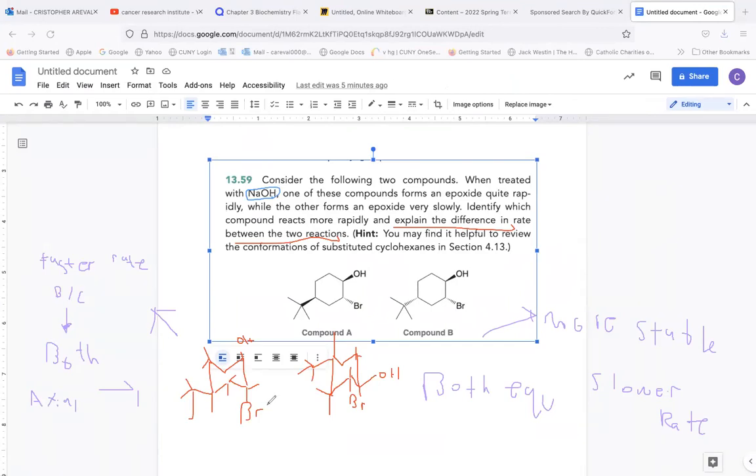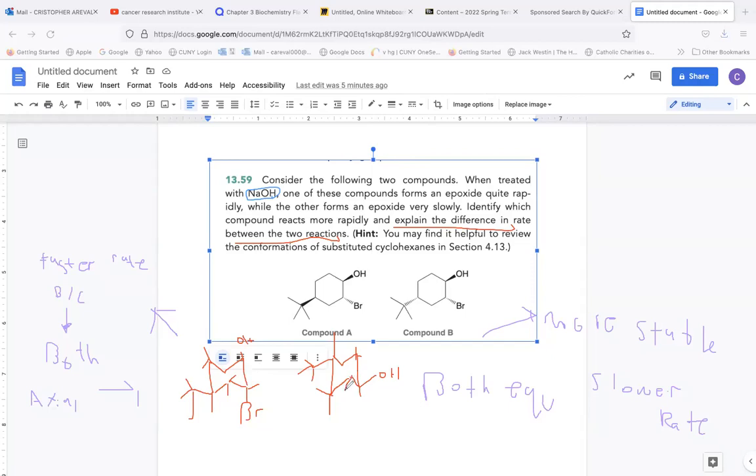But then how are both axial in the second part? I thought it was when it was pointed to the side that it was axial. Yeah, it was. It is equatorial. It's just that I didn't draw it correctly there. Good point. I'll show you right now.